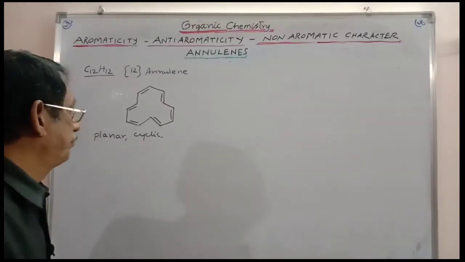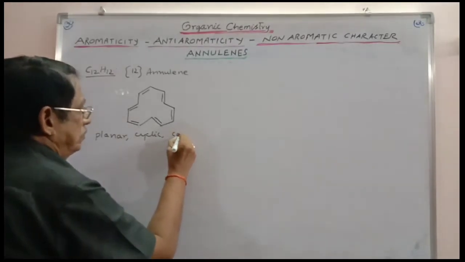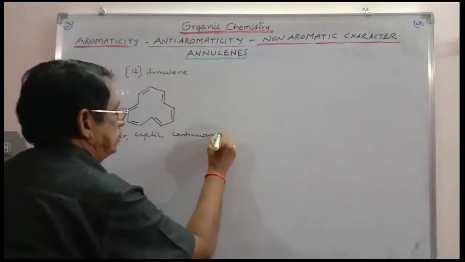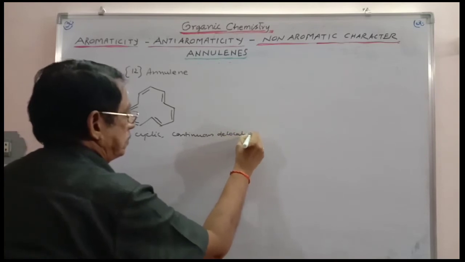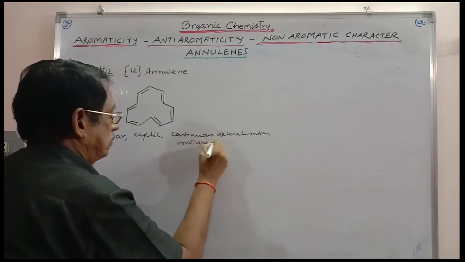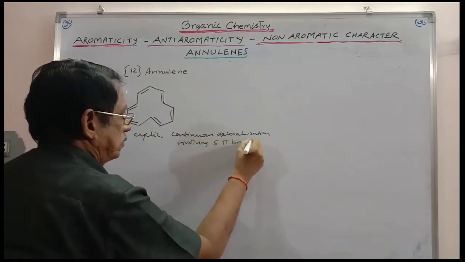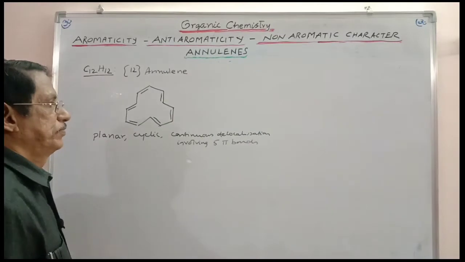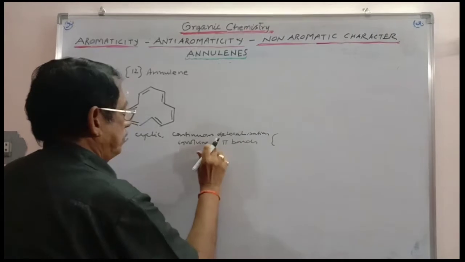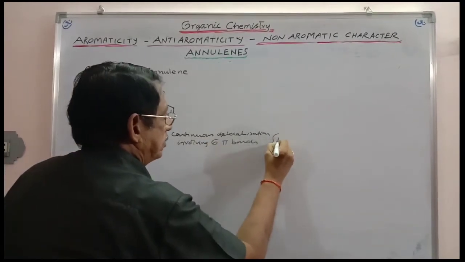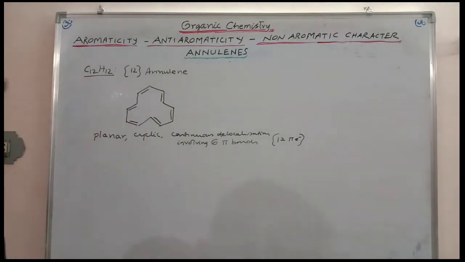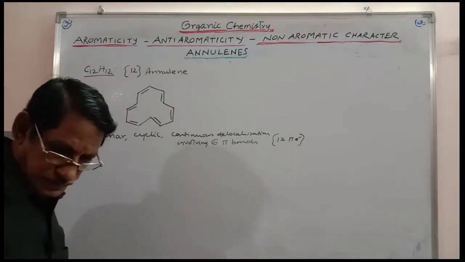At the same time, continuous delocalization involving 6 pi bonds throughout the periphery of the molecule. That means there are 6 into 2, 12 pi electrons in the delocalized cloud.